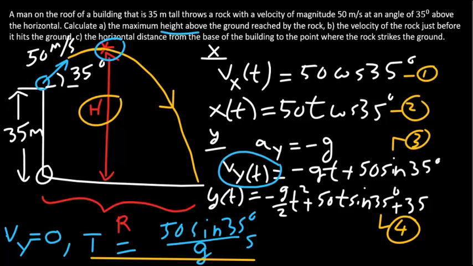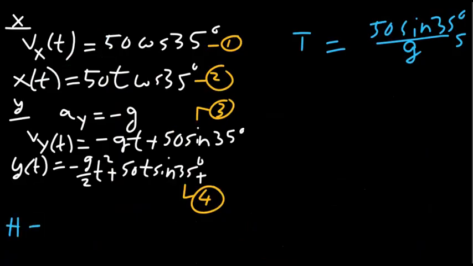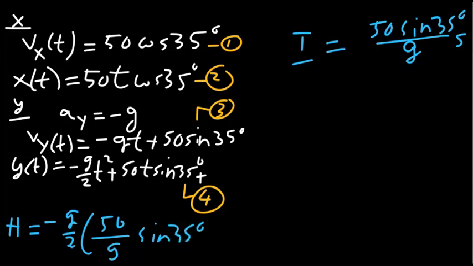To determine h, we substitute t in the y coordinate equation. So the maximum height is given by minus g over 2, substitute capital T for little t, 50 over g sine 35 degrees, and don't forget to square.